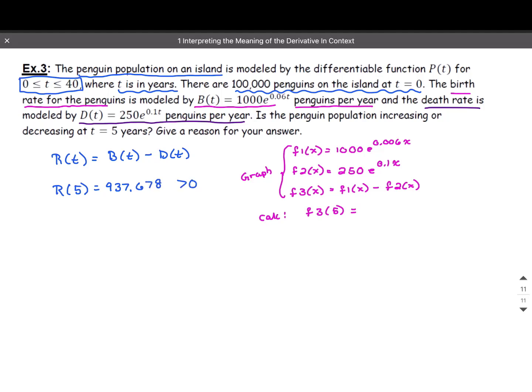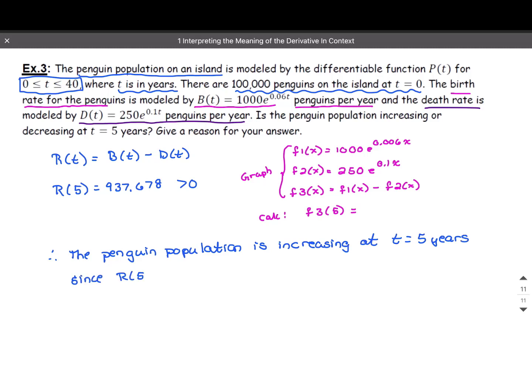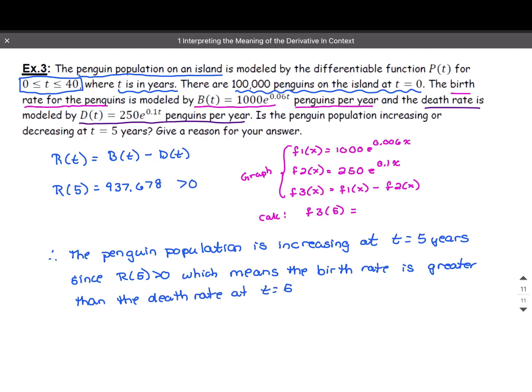Now, this is a positive number, which therefore means the penguin population is increasing at time t equals 5 years, since R of 5 is greater than 0, which means, by the way, that the birth rate is greater than the death rate at t equals 5.